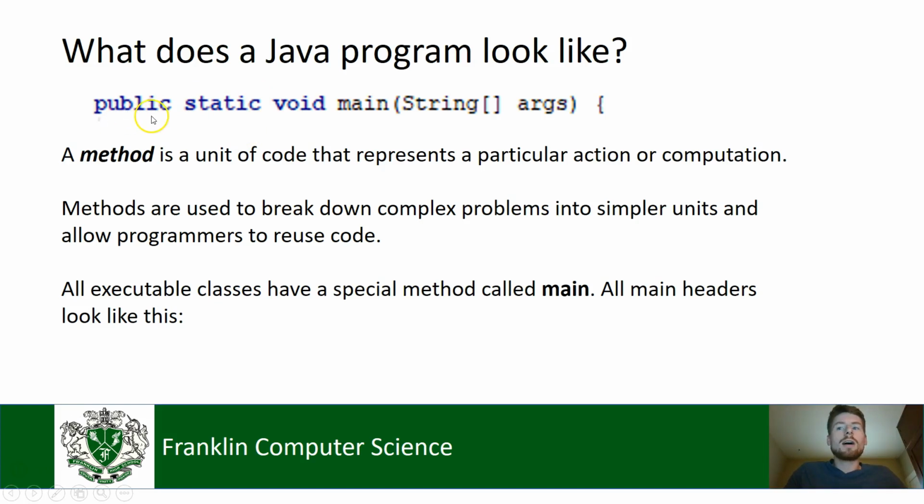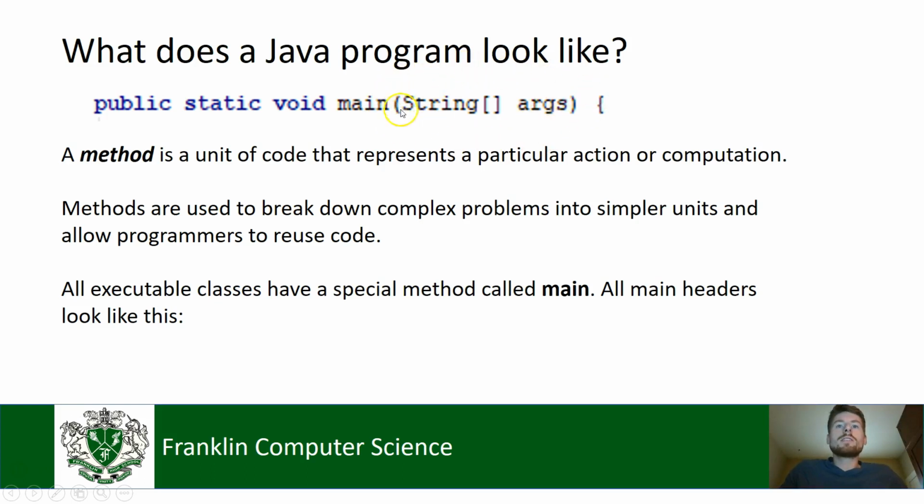Public, again, we're going to write that. We don't know what it means yet. Void, similarly. Void just means that this method doesn't give any information back. It just is going to run, and some methods might give some information back, and we'll talk about how you can do that later when we get to parameters and returns. And then this is the name main here.